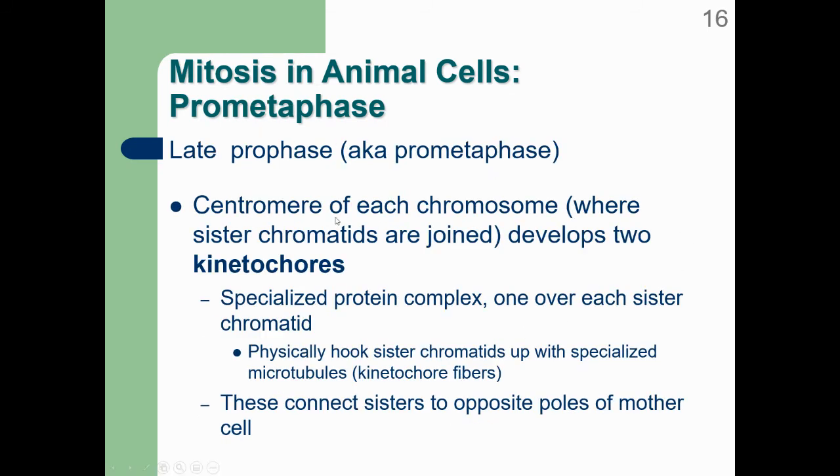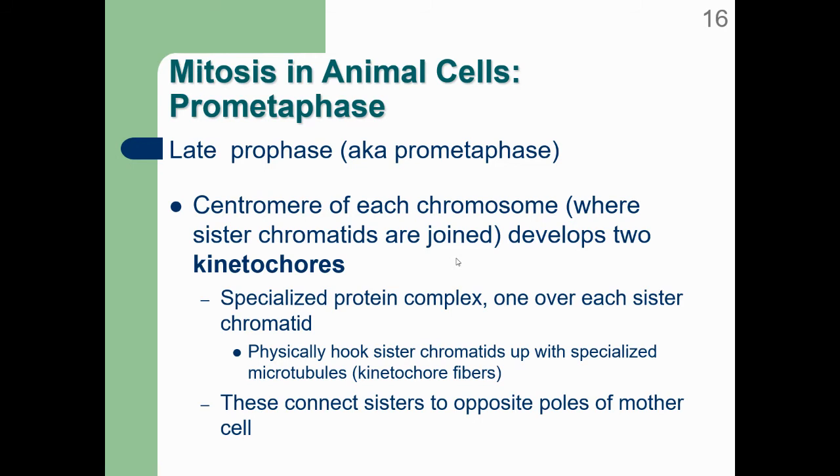At the end of prophase, as I'm getting ready to go into metaphase, so pro-metaphase, early metaphase, late prophase, the centromere of each chromosome, so that's the point where the two sister chromatids are joined, develops two kinetochores. And we'll take a look at that in a second.